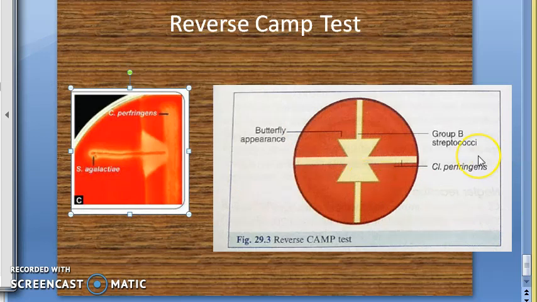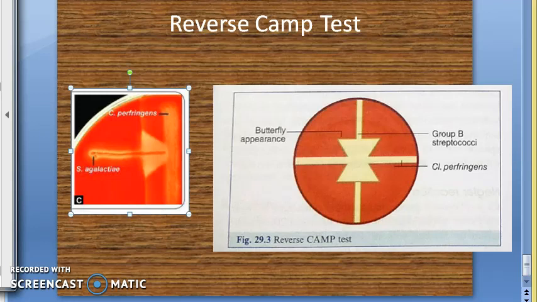So, Streptococcus agalactiae, or you can say group B Streptococci, you will streak it perpendicular to Clostridium perfringens. And you should be able to see after 2 days at 37 degrees centigrade, if you keep this blood agar plate, an arrow is formed facing Clostridium perfringens indicating a positive test.